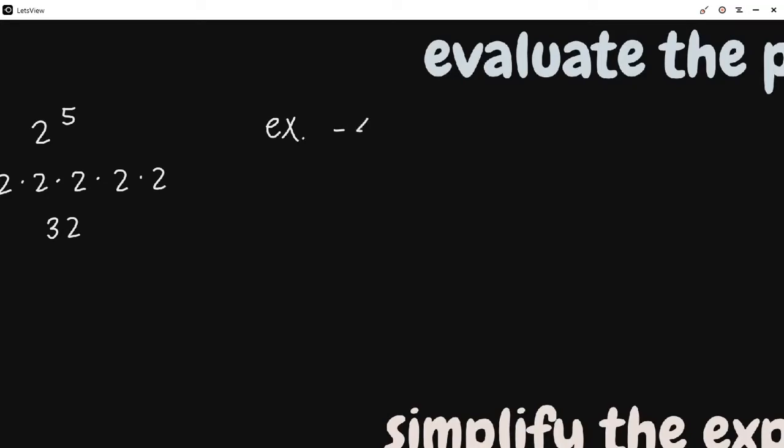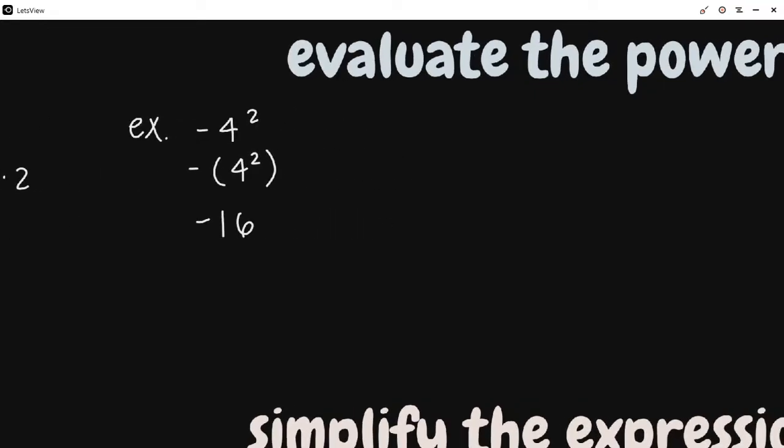Now if we have negative 4 squared, you notice how the negative is not in any parentheses? This really means the negative of 4 squared. So the negative will just stay there. 4 squared is 16, since 4 times 4 is 16, so this would be negative 16.